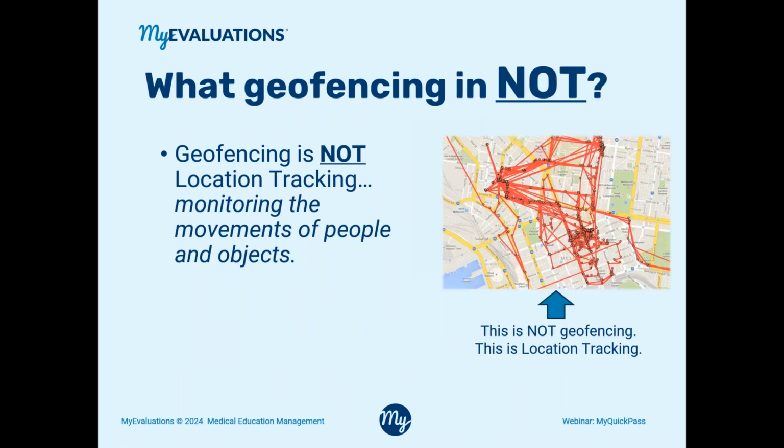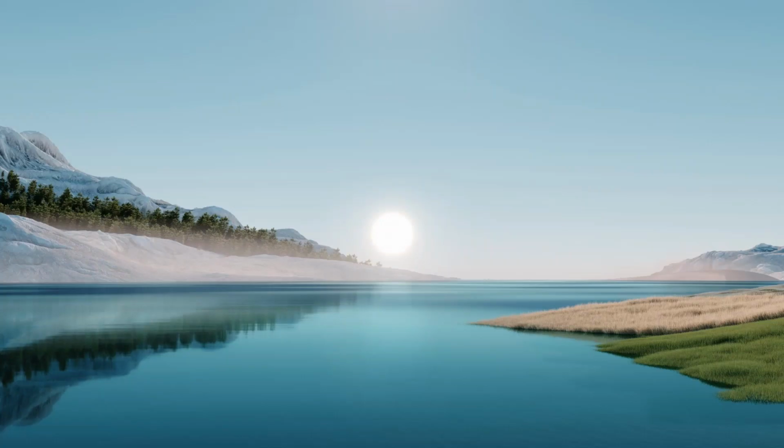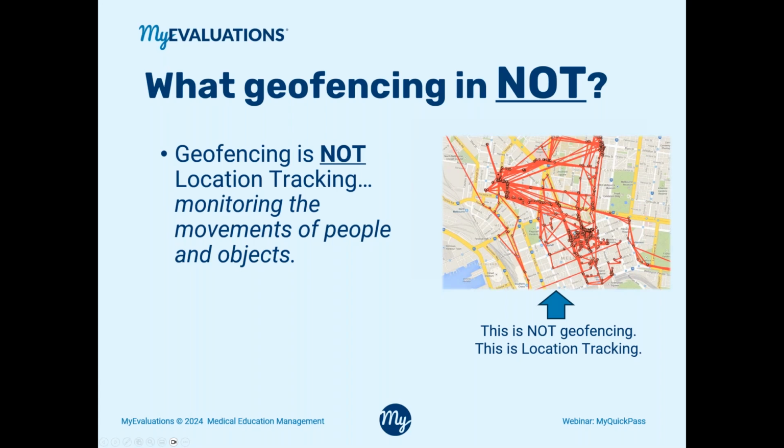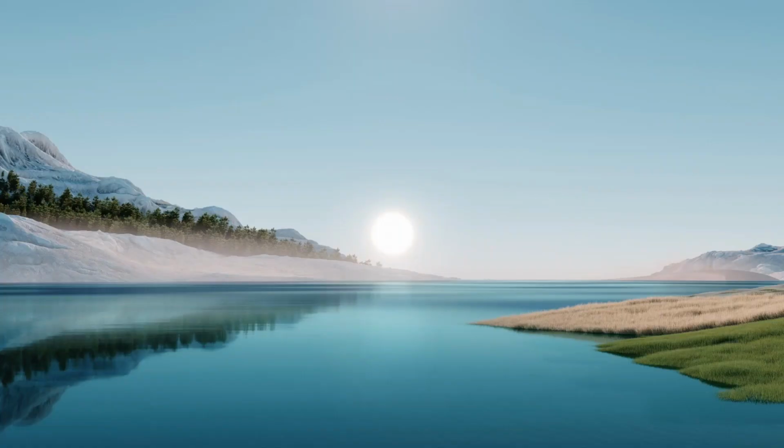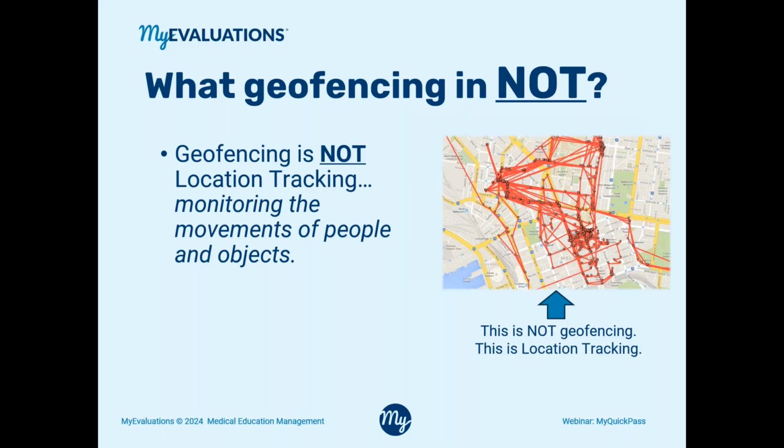Now, what geofencing is not. Geofencing absolutely is not location tracking, and that's really important. A lot of people incorrectly are mixing up the idea of what geofencing is and what geofencing is not. Geofencing is absolutely not that idea of location tracking of where have you been during the day.